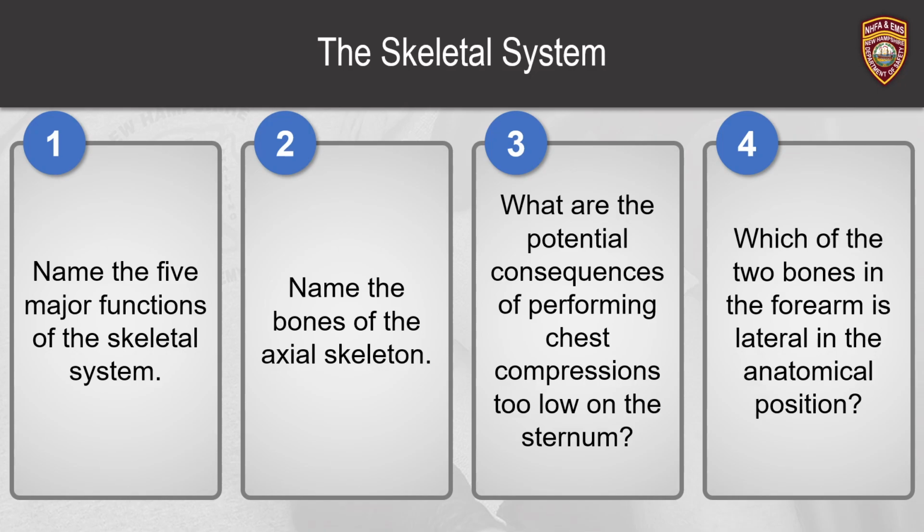Who wants to take a shot? The 5 major functions of the skeletal system. It gives the body its shape. It protects your body. Yeah, I'd say there's 2 right there. I know bones hold minerals, right? Yep. 2 more.